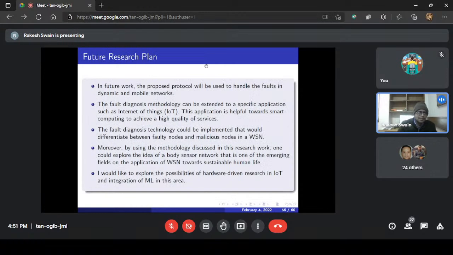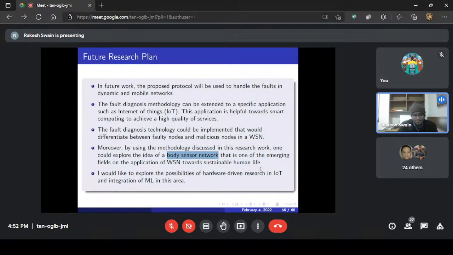In the future plan, you can go for mobile networks, that is, dynamic mobile networks, and work out how to find the faulty node in them. You can extend the application towards IoT so that smart computing and highly accurate services are achieved, and you can differentiate faulty nodes, and sometimes malicious nodes, from each other. We can also explore this research in body sensor networks, an emerging application field for human sustainable life.